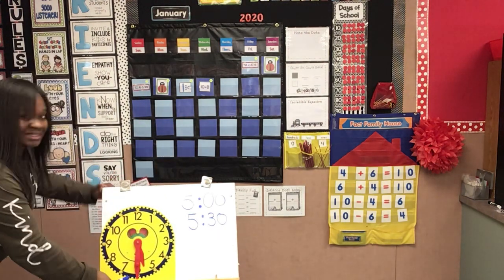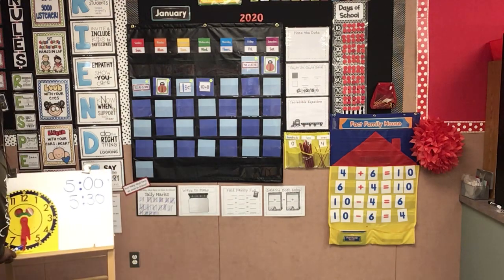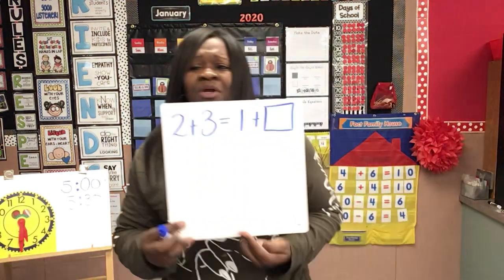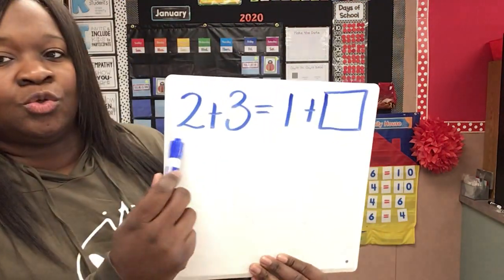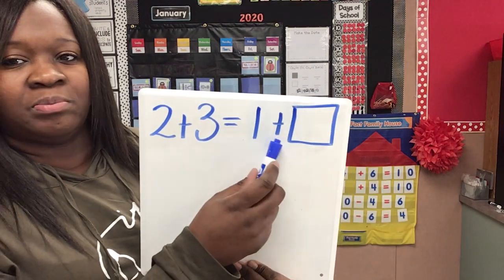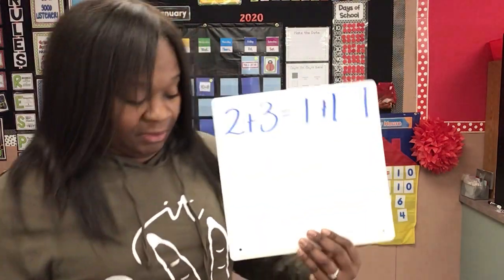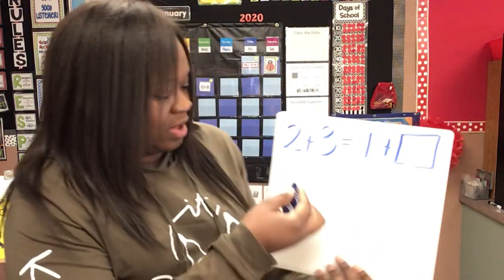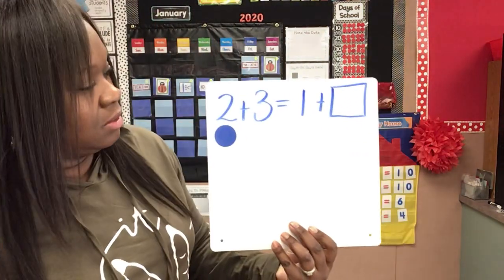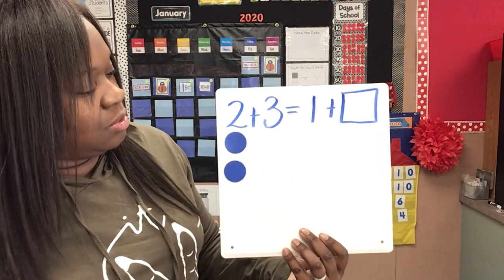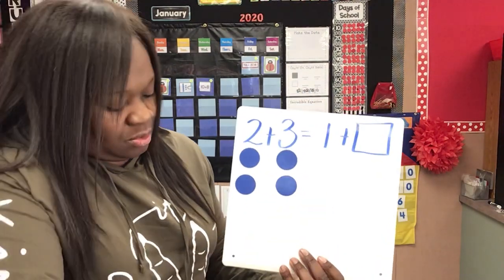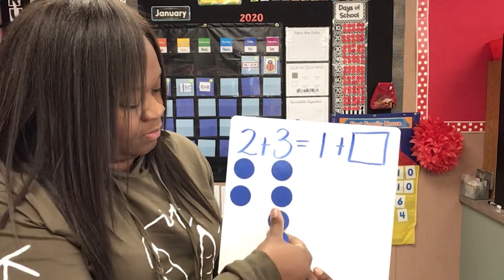Now, let's take a look at balancing an equation. All right. Look here. We have 2 plus 3 equals 1 plus something. Let's see what we have here. 2 plus 3. 1, 2, 3.